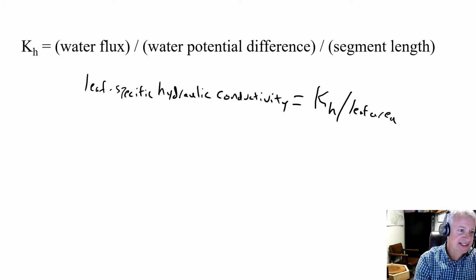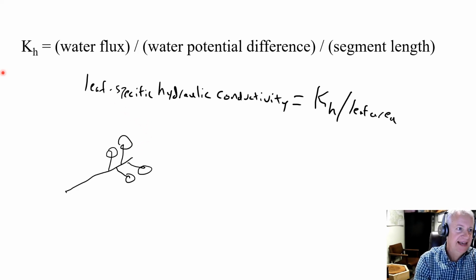So for instance, let's say we have a branch with leaves on it, and we've measured hydraulic conductivity through that branch.